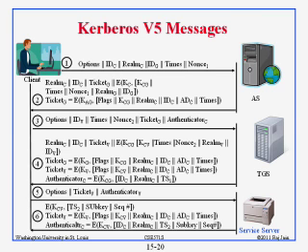Then the client takes that thing and sends it to the TGS. It creates a new nonce and everything else, but the important thing is everything is clear here except for the ticket and authenticator.